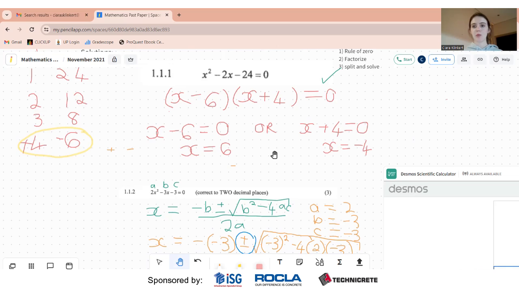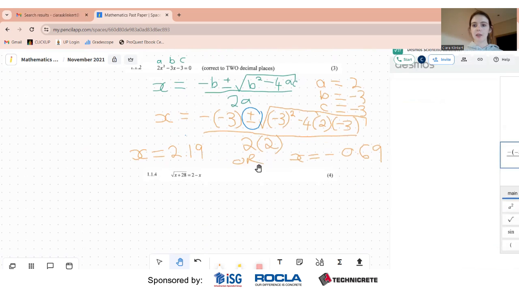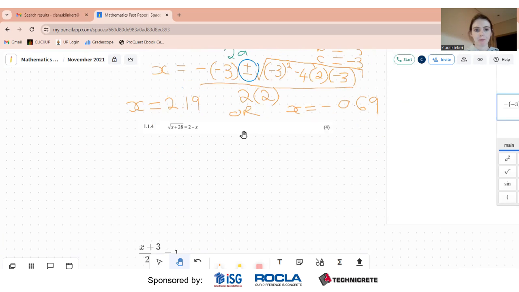Then we saw a case where we couldn't factorize the expression on the left-hand side, so we had to use the quadratic formula. And we saw it was as easy as remembering the formula, identifying what A, B, and C are, correctly substituting, and placing it in our calculators. Once you've practiced using the quadratic formula, it will become very easy.